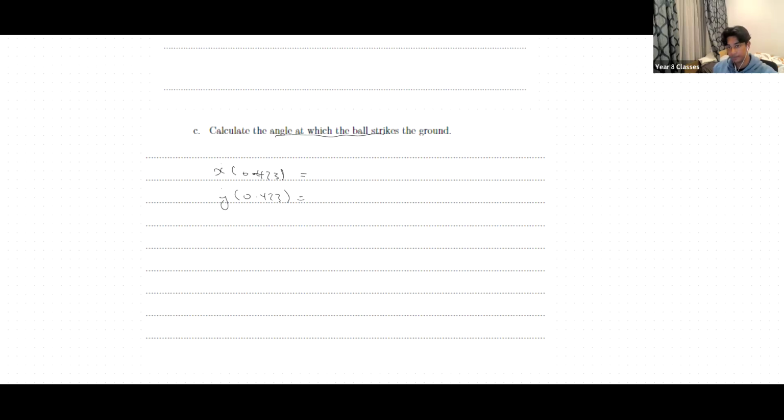What did you plug in to get that? 30 times 0.423 times cos 5. Are you solving for velocity or for displacement? Velocity. So what was your velocity expression for x? Oh, oops, wrong one. There's just no t in that one. So it's 30 cos 5, basically 30. 29.89.